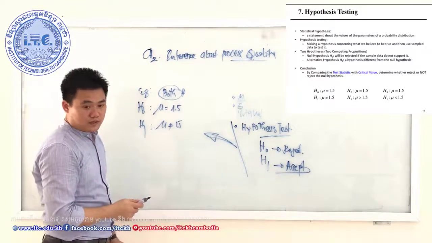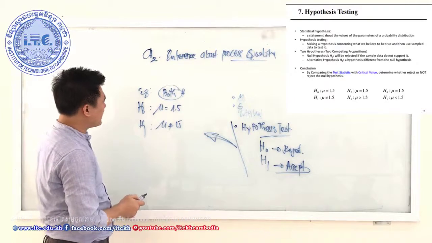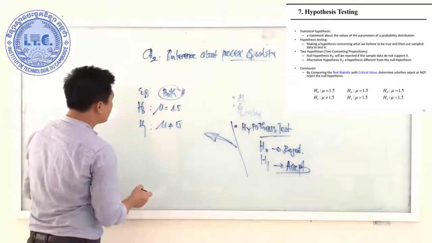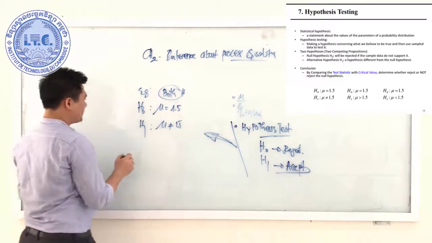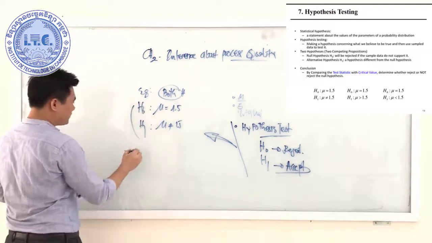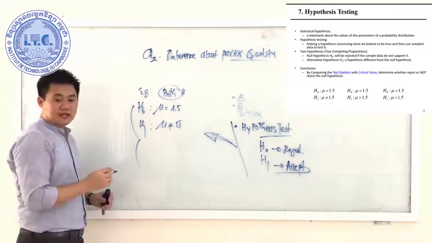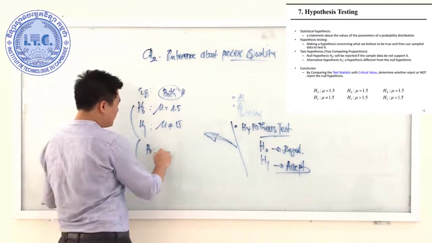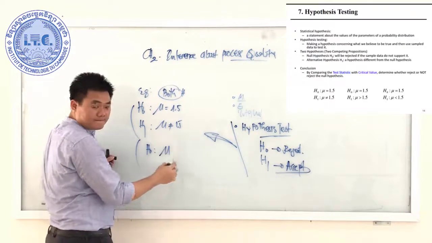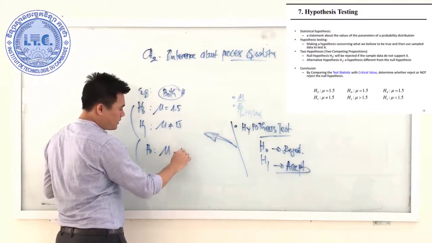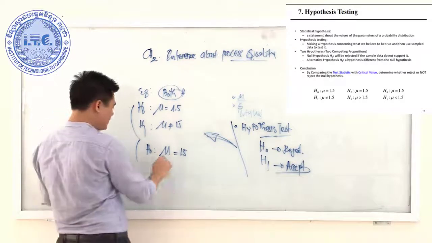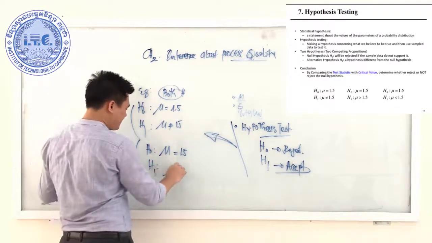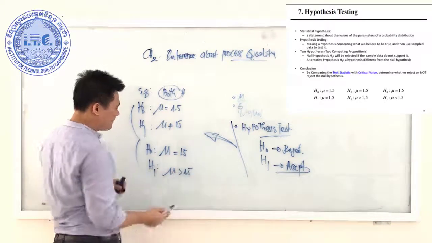So if we want to check the upper side, we want to check the lower side. Check upper side and lower side. I mean, this is both sides, right? And if we want to check the upper side, H1 will come back something like this. H0 equals 1.5, and then H1 must be bigger than 1.5.